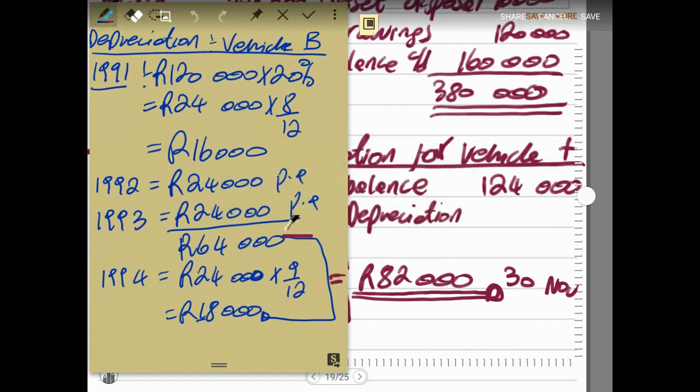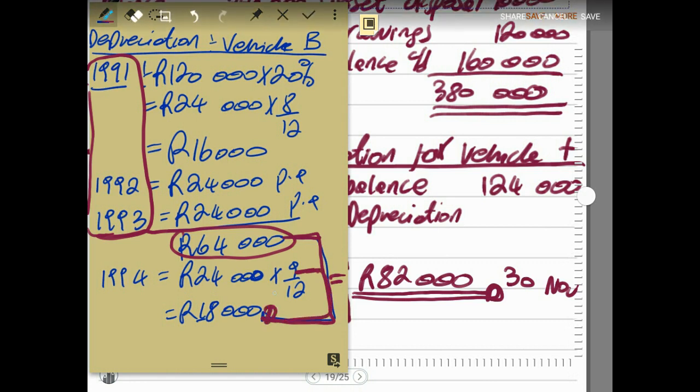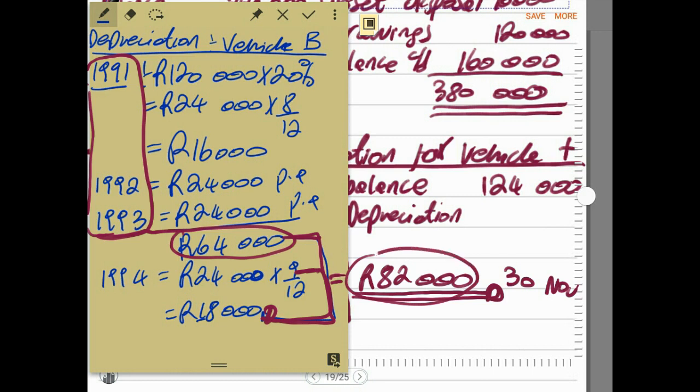It was 64,000 rands for the past 3 years, from 1991 until 1993. And in 1994, we calculated depreciation only for 9 months, and that became 18,000. And we added the two, and that gave us 82,000 rands.